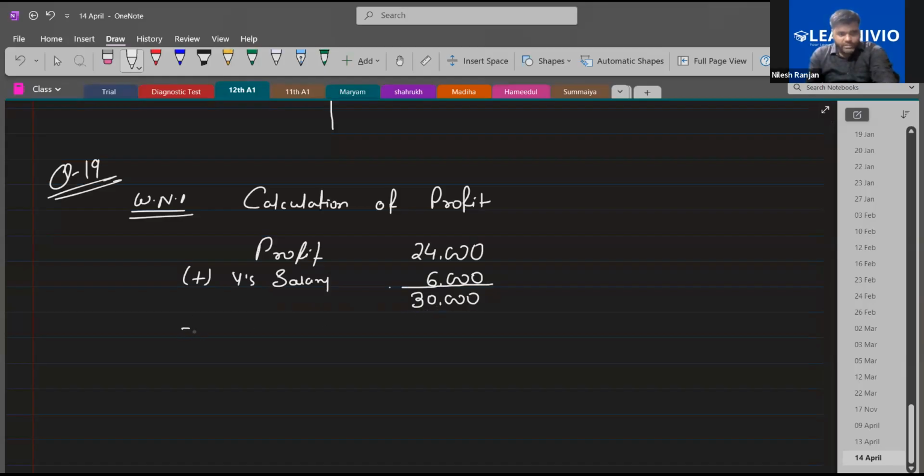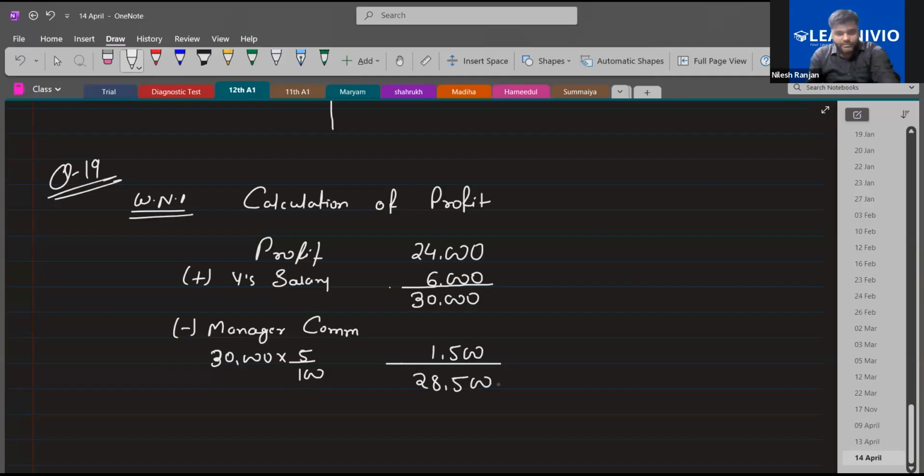Now from this, we have to deduct manager commission. Manager commission is 5%. So 30,000 into 5 by 100 will be 1,500. So 28,500.